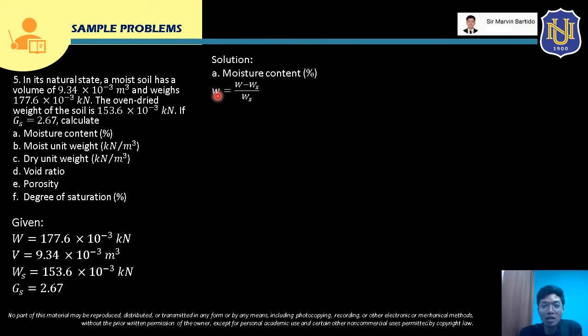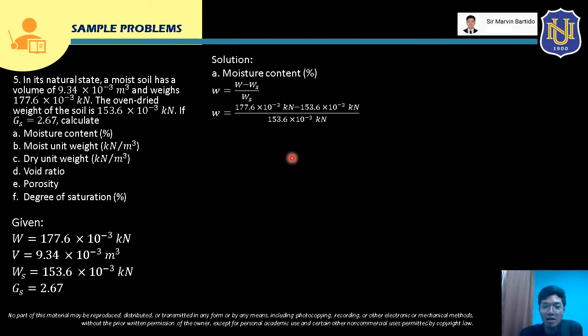So, yung formula natin, class, is weight minus weight ng soil solid over weight ng soil solid. So, itong weight minus weight ng soil solid, ito, class, ay weight ng water. Tama? Okay, so substitute natin, class, yung mga given natin. So, 177.6 times 10 raised to negative 3 kilonewton minus the weight of the soil solid, which is 153.6 times 10 raised to negative 3 kilonewton over the weight of the soil solid, which is the same lang.